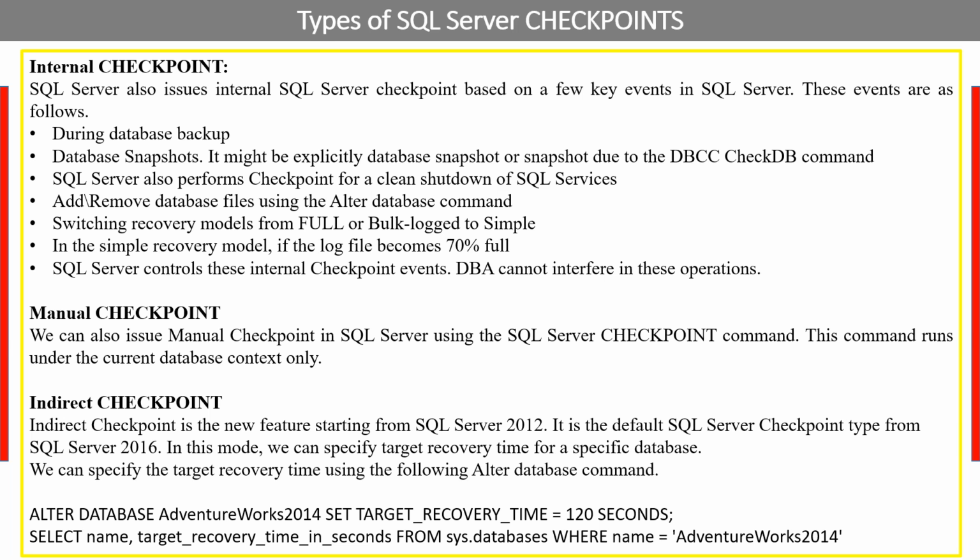You need to trigger a different interval. In that scenario, you can go for indirect checkpoint, sir. Indirect checkpoint is especially for when you want to change the interval time for a specific database in one instance. Make sense?